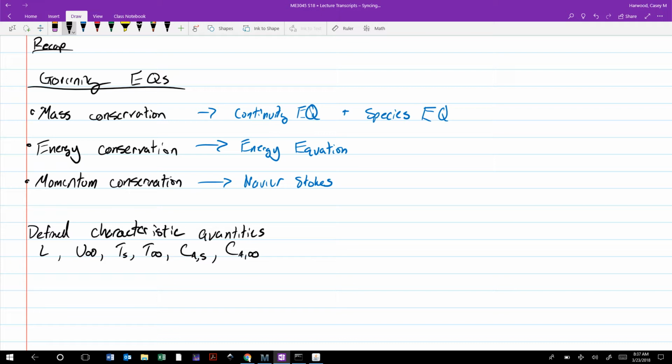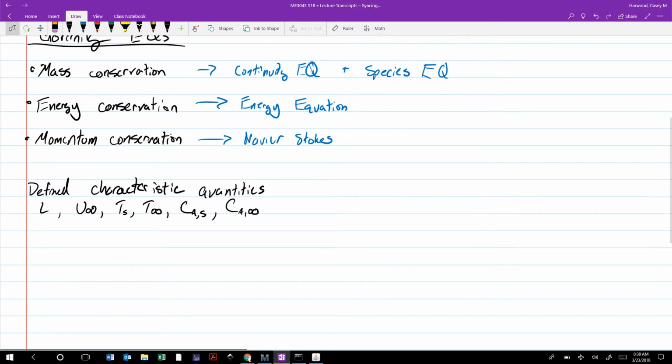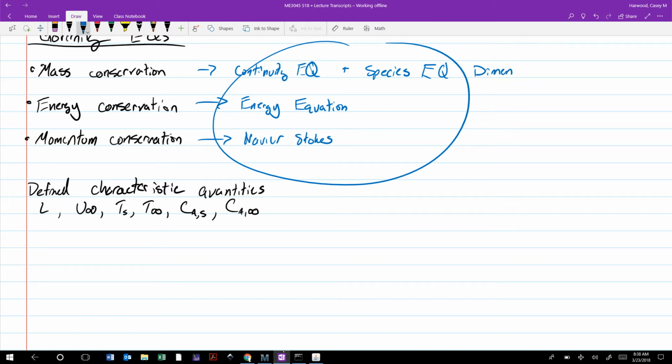We use these as a basis for our dimensions, and by non-dimensionalizing every term in the continuity equation, energy equation, and Navier-Stokes equations, which are all dimensional, we plugged them in here, and what we got out was a series of non-dimensional governing equations.